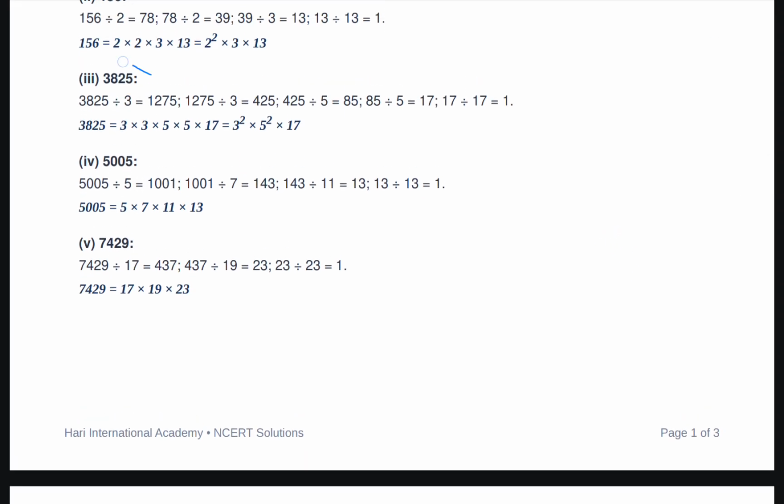In the third question you are given 3825. In the last you can see here you are getting 25, and 5 is an odd number. You can't divide 5 completely by 2. So in this type of question, what you will do is add all the digits: 3 plus 8 plus 2 plus 5.